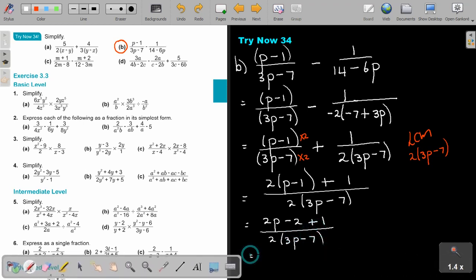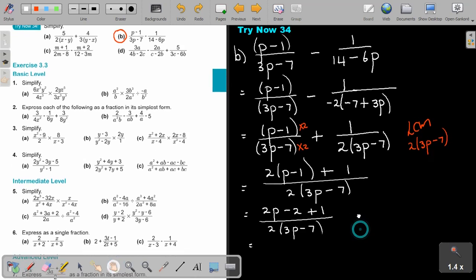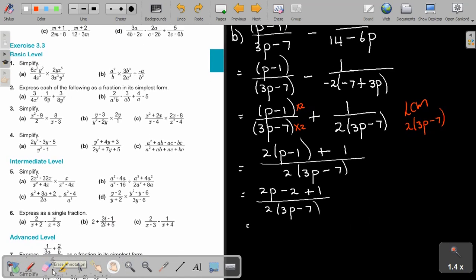And then my final answer, I can move it up a little bit. My final answer is going to be 2P minus 1 over 2 times 3P minus 7. Okay, that was number B. Let's just check: 2P minus 1 over 2, and that's excellent.